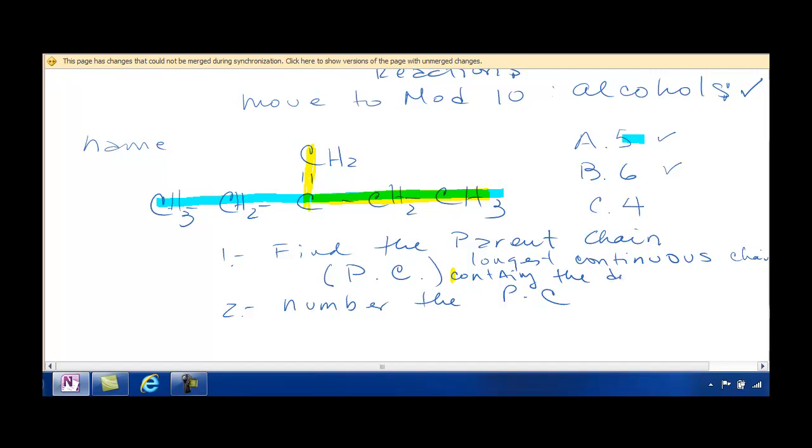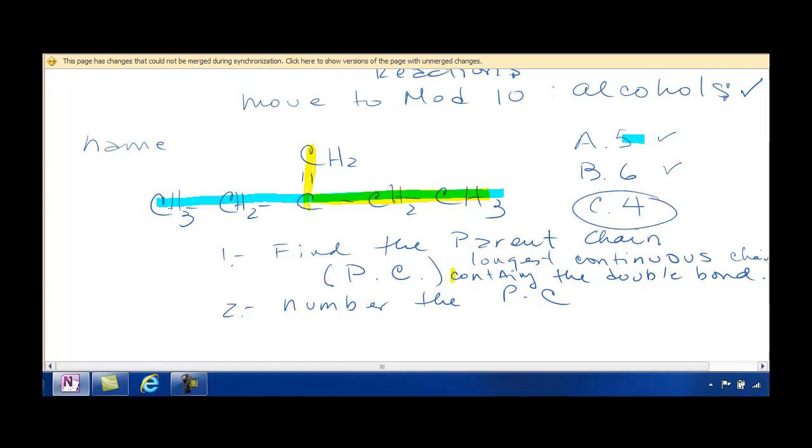And again, when I say double bond, don't limit yourself to double bond, because in some examples you're going to have a triple bond. Before we had a cyclic compound, and then the parent chain contained the cyclic compound. So whatever feature you have in there must be part of your parent chain. So this is my parent chain.